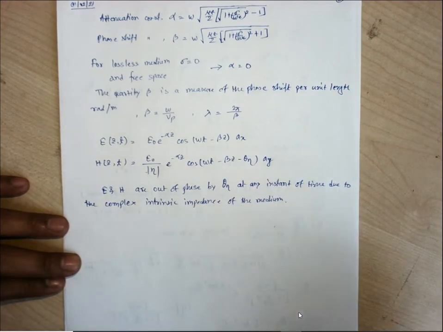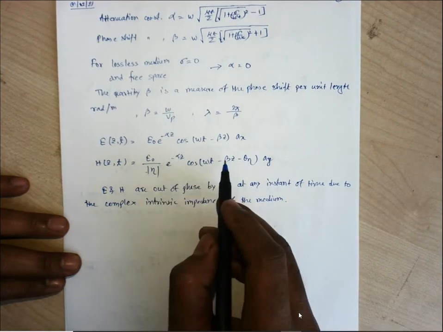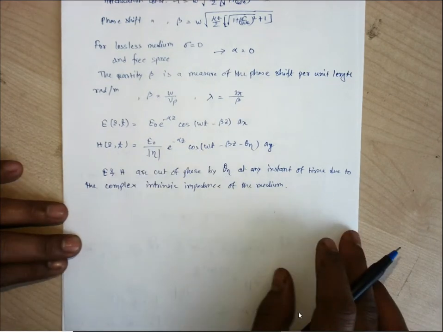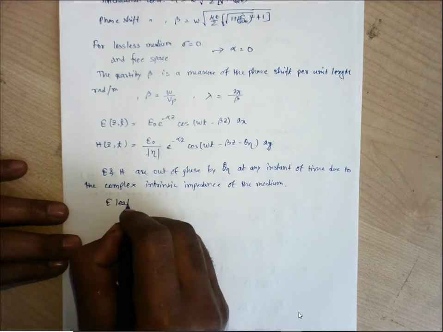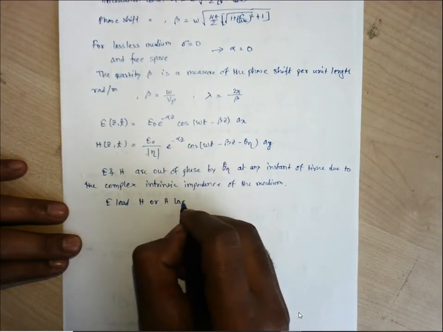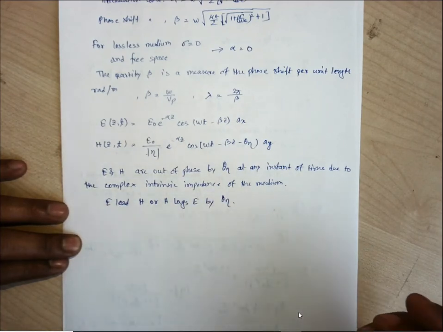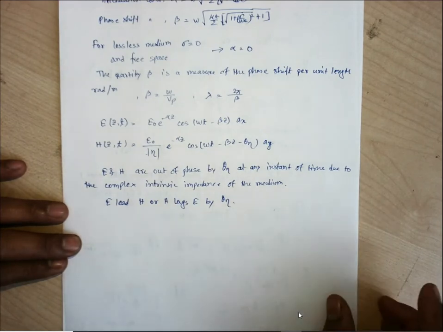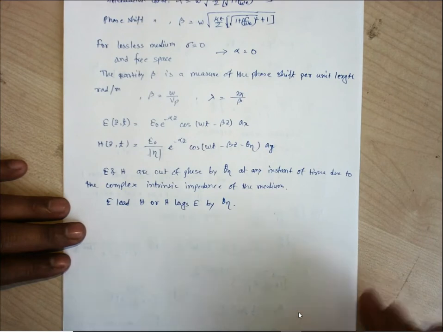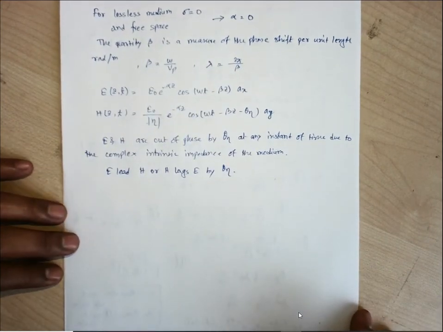So we can say E leads H, or H lags E, by angle theta eta. So while we have propagation within a lossy medium, we have a phase difference between E and H.